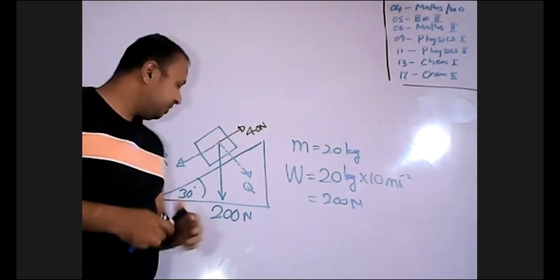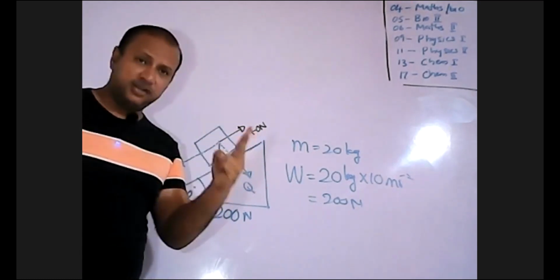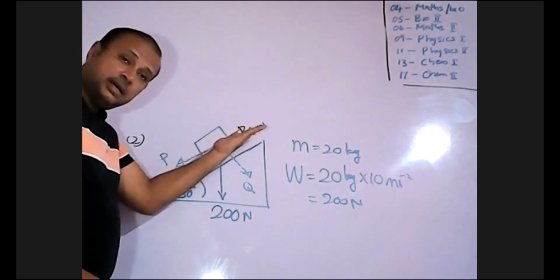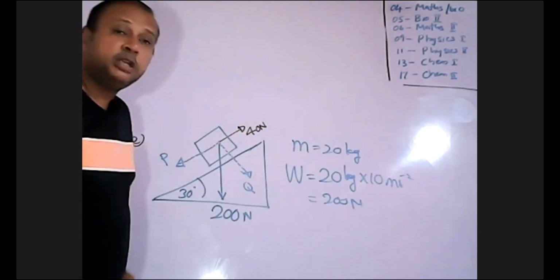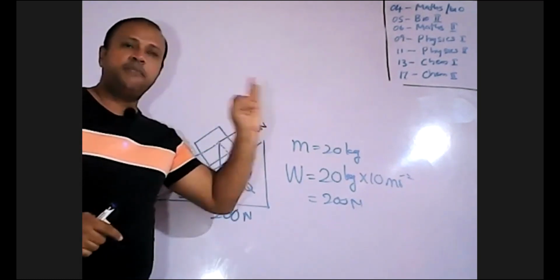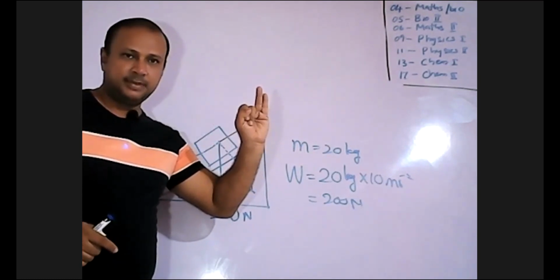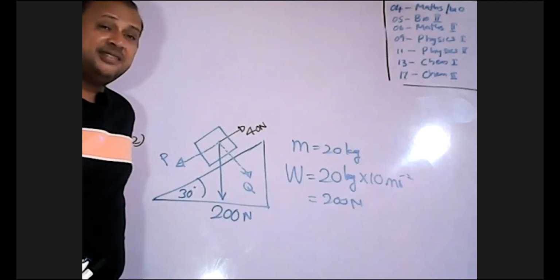After resolving this 200 Newton force, I will have two forces. One is along the plane, the other one is perpendicular to the plane. So there will be two perpendicular forces, and if they are perpendicular, I can take the resultant force very easily.